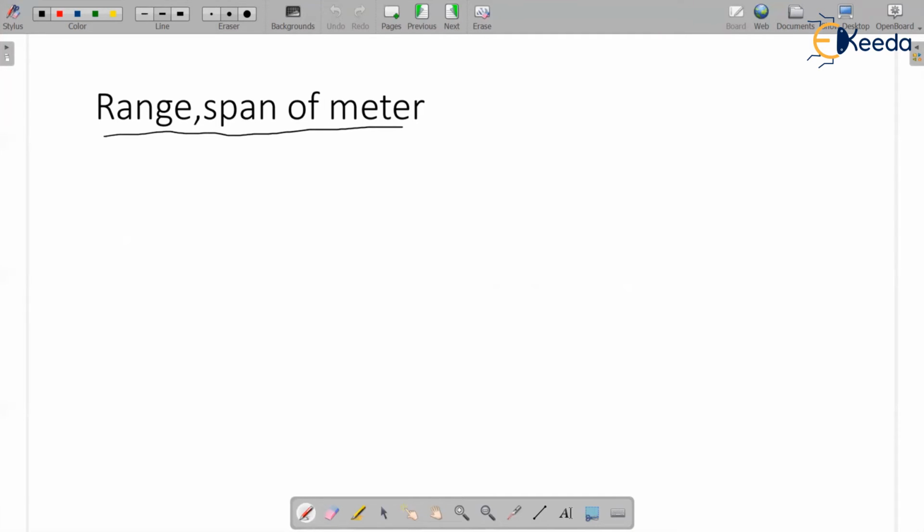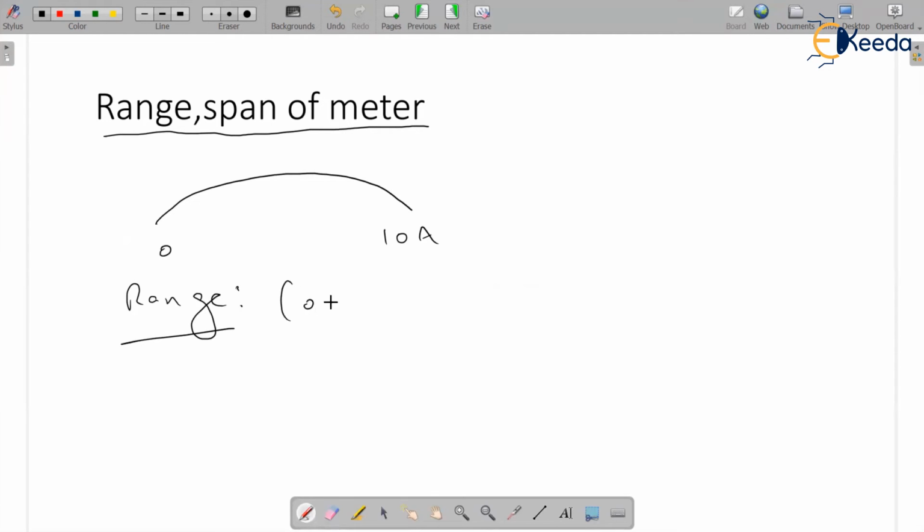So what are range and span? If I have a meter with a 0 to 10 ampere scale, the range of it is 0 to 10 amperes. Then next, what is span?